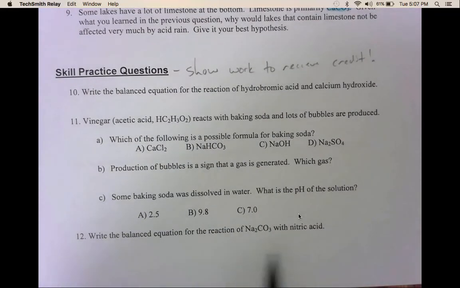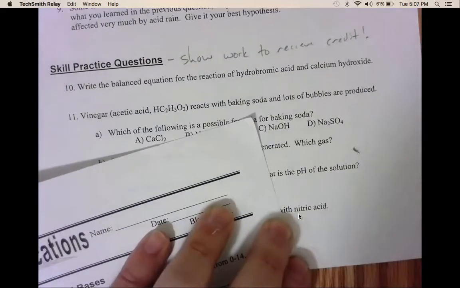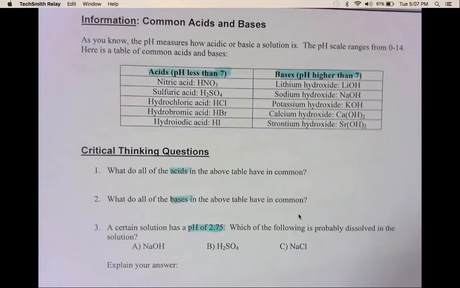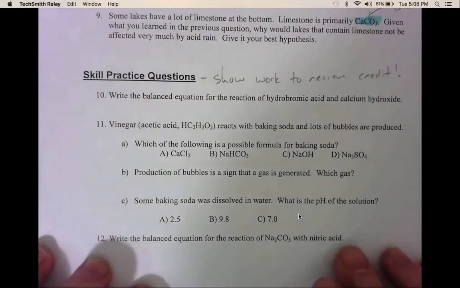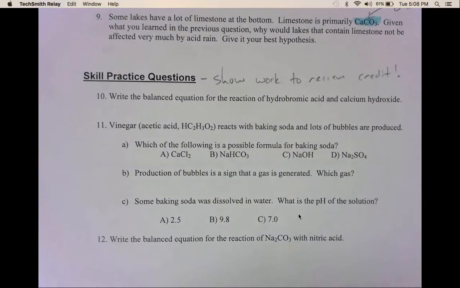Same thing with 12. You'll be able to find nitric acid on the front table. Question 11. So question 11 is talking about vinegar, acetic acid with the baking soda reaction, and tells us lots of bubbles are produced. So remember, guys, this is very similar to the lab we did. So you should be able to figure this out.